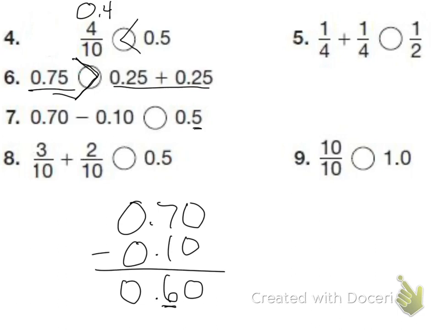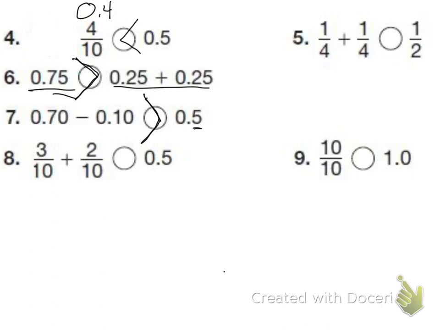The 6 is bigger than the 5, so this is going to be greater than, because 0.6 is greater than 0.5. On this next one, we have 3/10 plus 2/10, and 3/10 plus 2/10 is equal to 5/10. And 5/10 is the same as 0.5. So these two numbers are equal to each other.